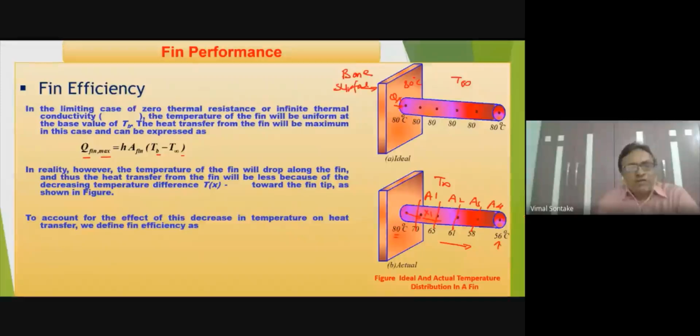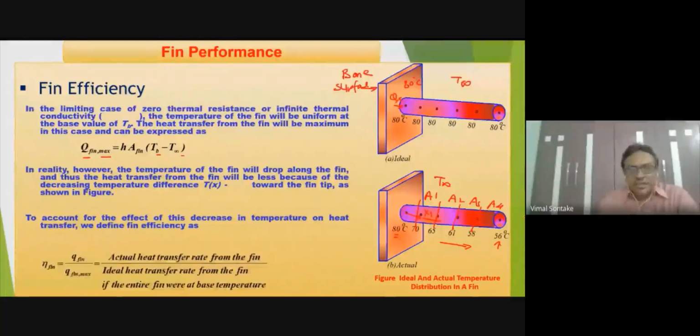So to account for the effect of this decrease in temperature on heat transfer, we define one term, and this term is called fin efficiency. And this is given as the efficiency of the fin: Q fin, that is the rate of heat transfer from the fin under actual condition, that is a fin of finite thermal resistance value and finite thermal conductivity value, to the rate of heat transfer from the fin under ideal condition.